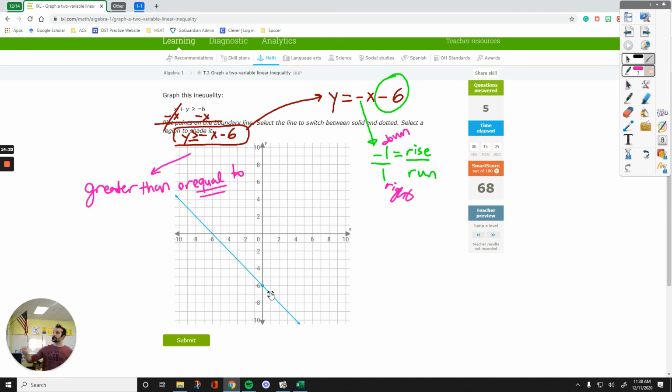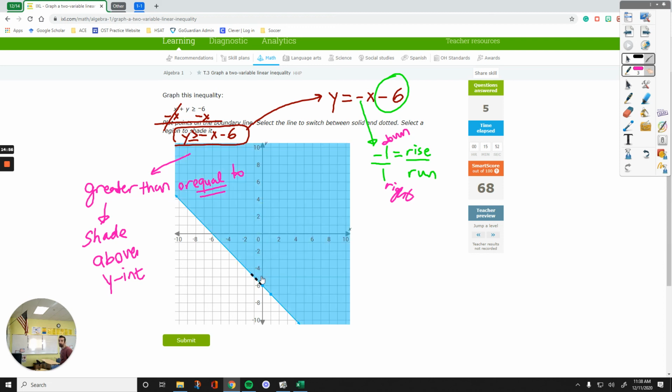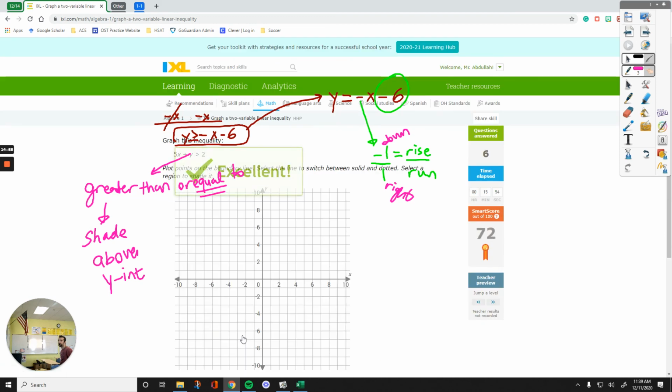And since it says greater than, I'll shade above my y-intercept. Let's find the y-intercept. It was this negative 6. I have my solid line. I'll shade above this point. So all these numbers should be shaded. I want to shade that area that has all these numbers. Done. And I'll submit it.